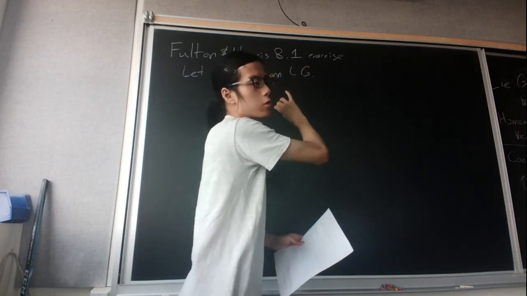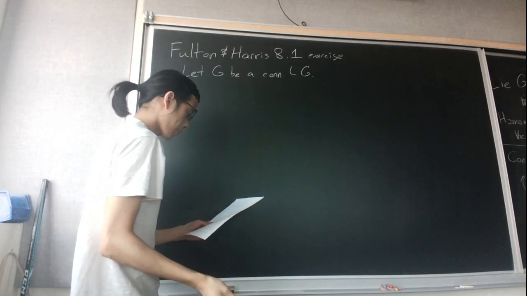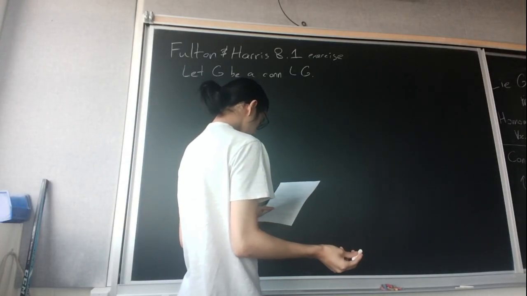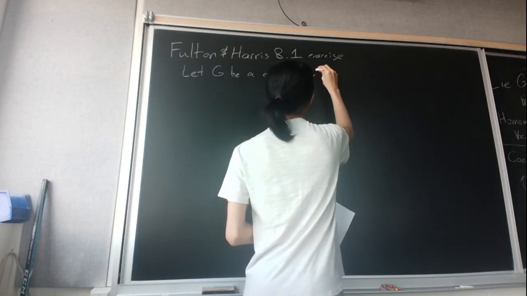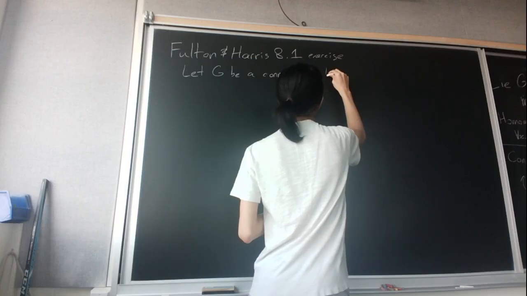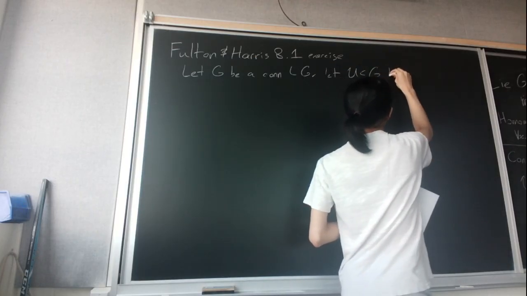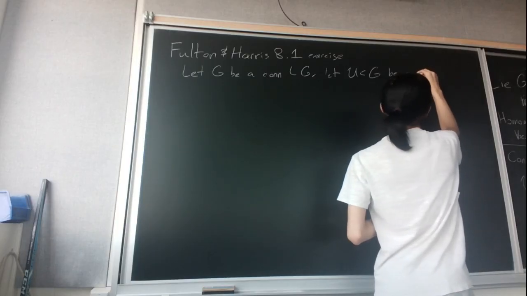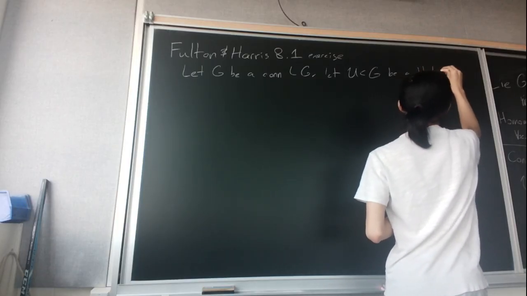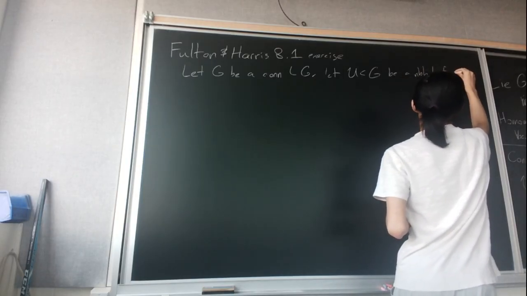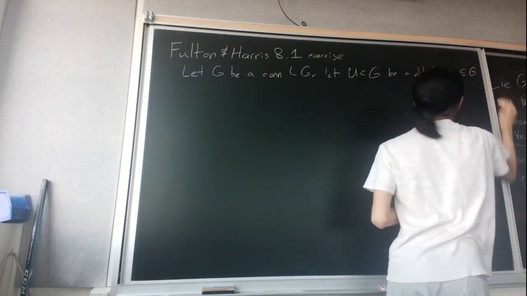I'm just going to abbreviate this because I don't want to write Lie group a bunch of times. And let U in the group be a neighborhood, so any open set containing the identity.